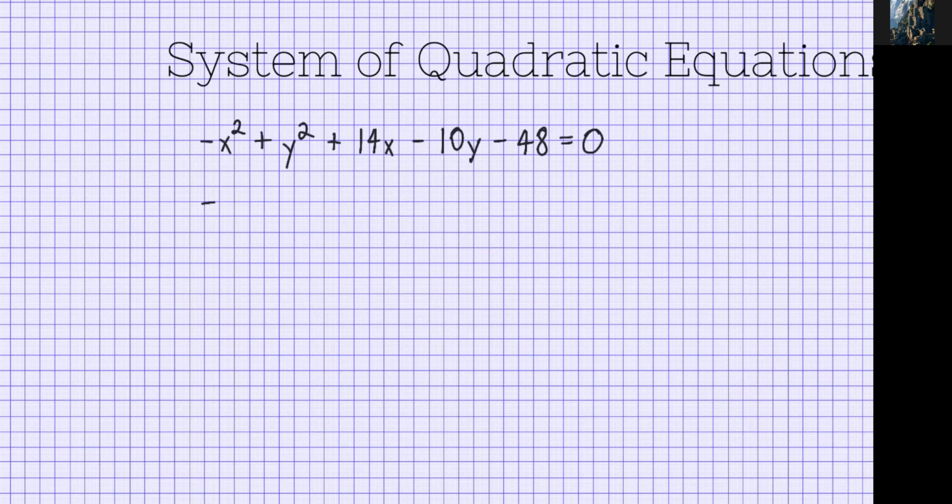Second equation is negative x squared plus 6y squared plus 14x minus 60y minus 48, and this equals 0.